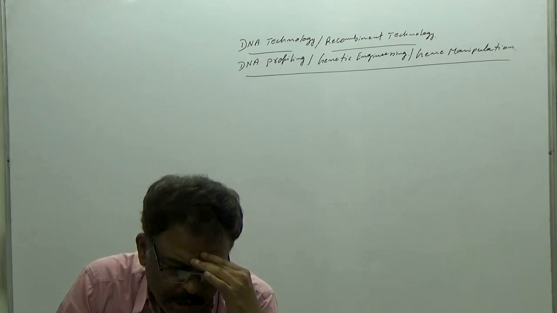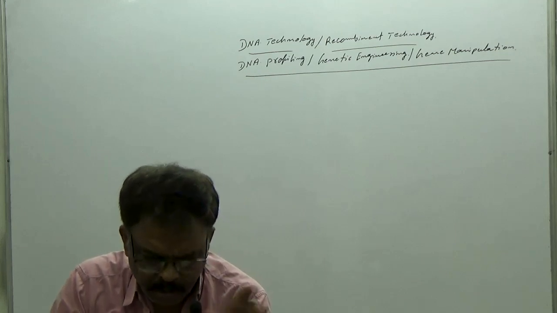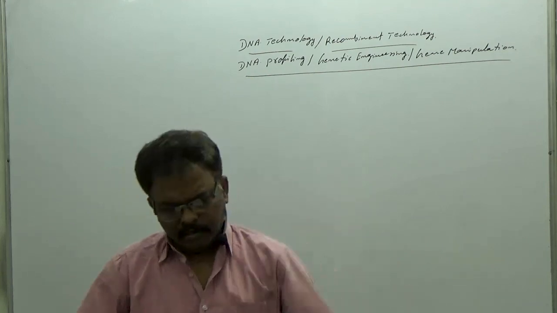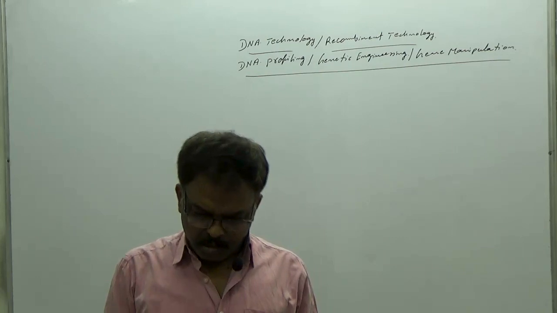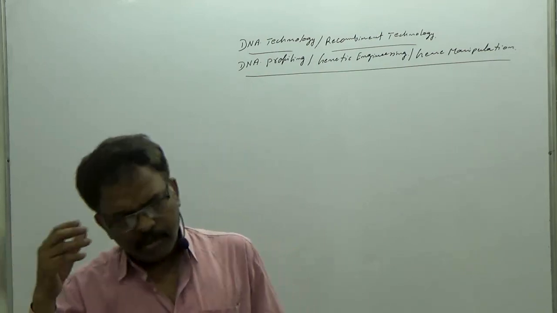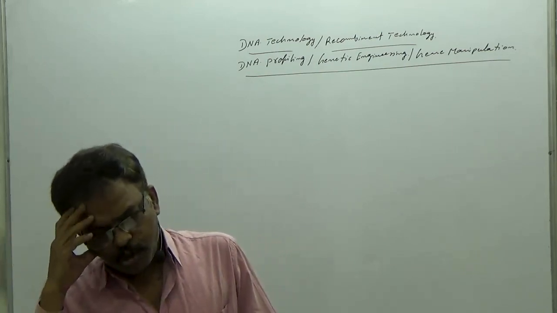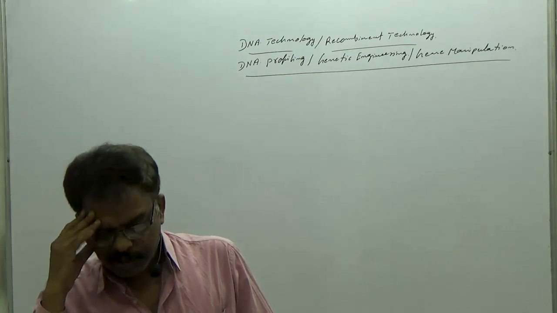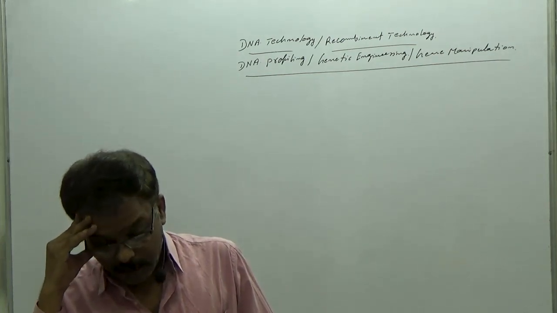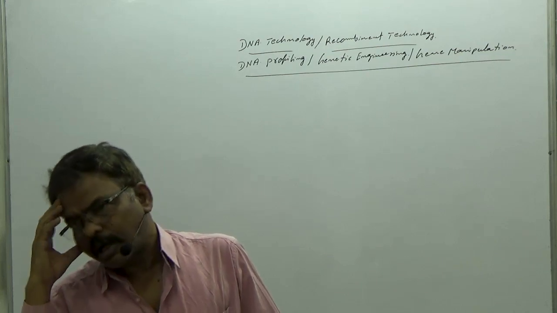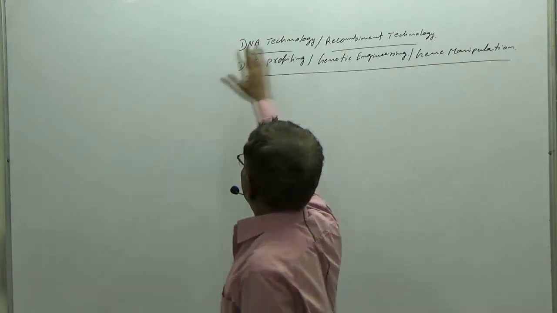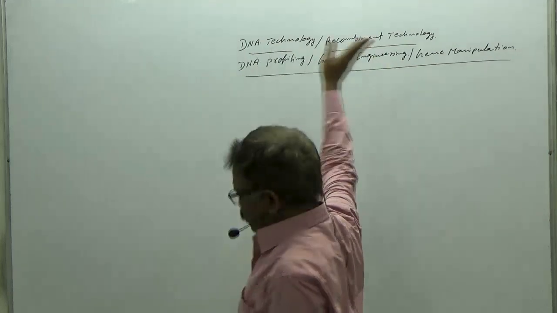In normal regions also, they consume less water and less mineral, but they produce high yields, that means carbohydrate rich, protein rich plants. So producing such targeted plants, targeted animals, that is known as DNA technology. That is the introduction. I hope it's clear.